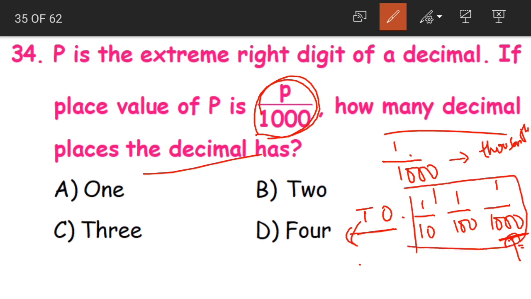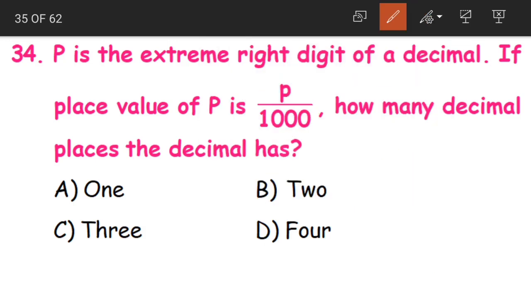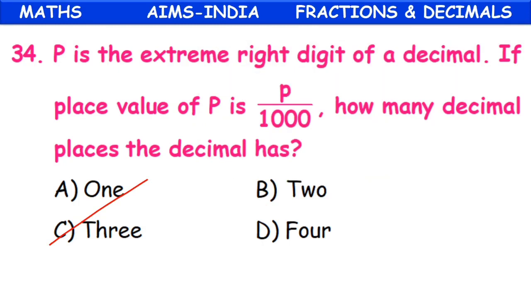Can you count and tell me? Yes, so the number has 3 decimal places here. Understood? This is the last digit. So how many digits are there here? We have 3 digits or 3 decimal places in the given decimal number. Option C, 3 becomes our correct answer. If it was 1 by 100, then the decimal number would have 2 decimal places. Okay, so like this, depending on the question, your answer will change.